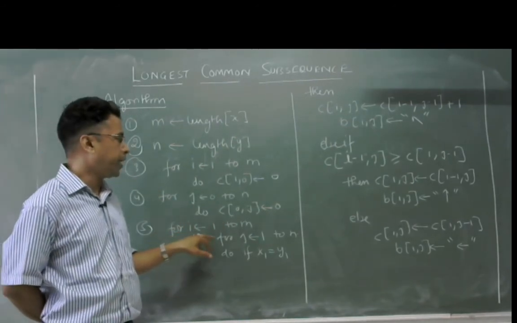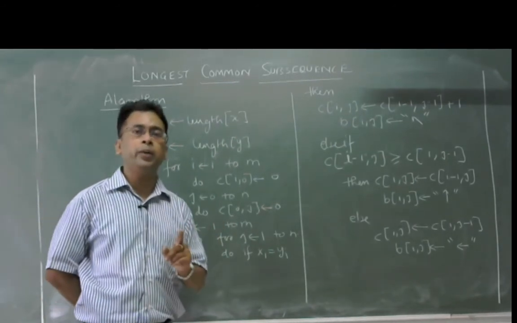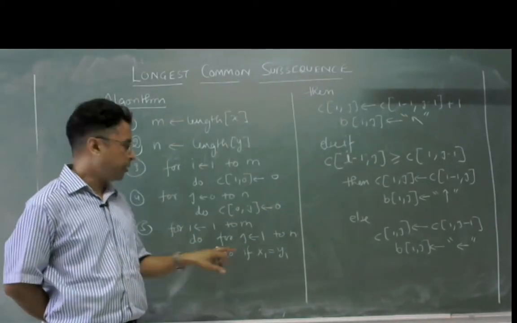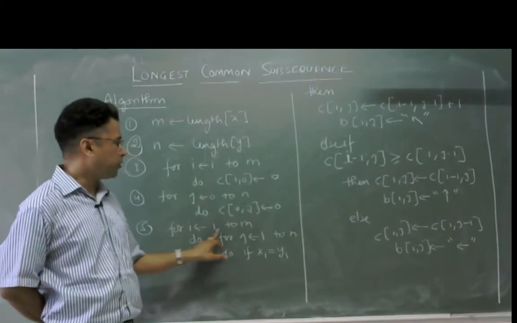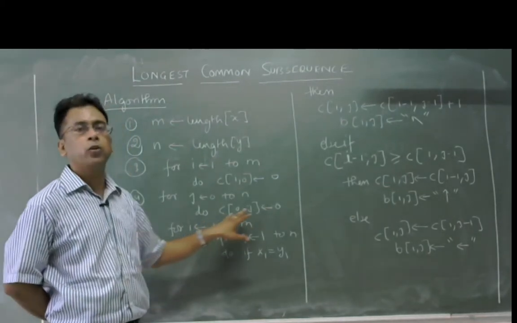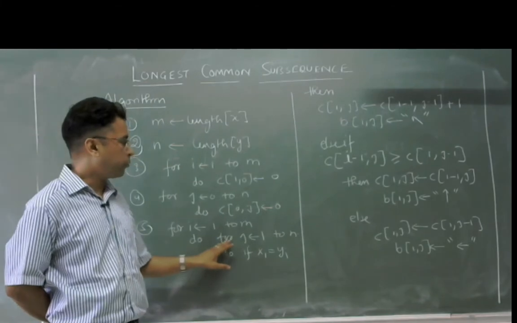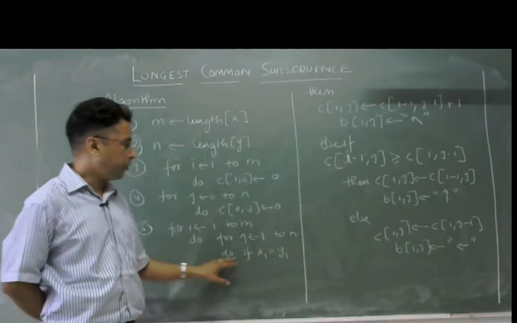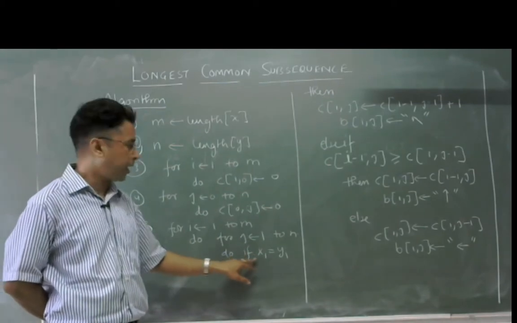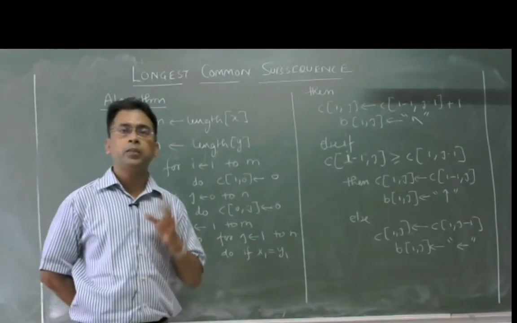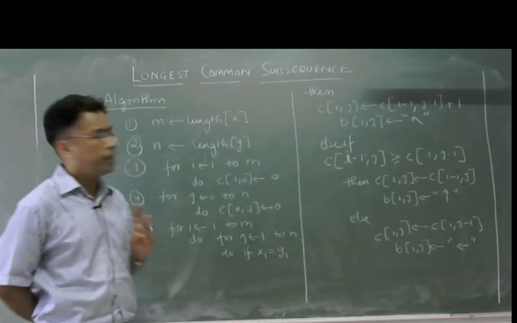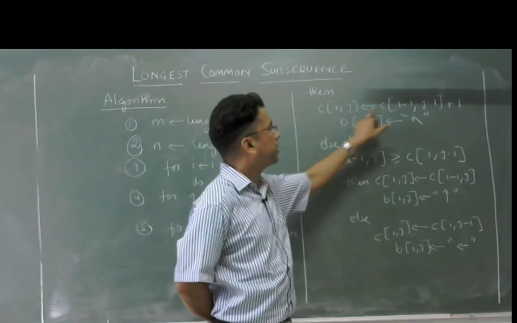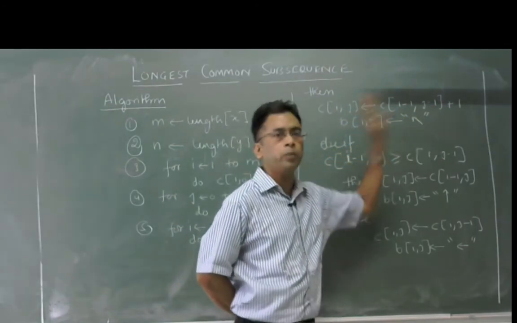The first rule is that if, corresponding to an alphabet of a string, there is a matching alphabet in a position, means for i equals 1 to m across the length of the first string and j equals 1 to n across the length of the second string, if there is a condition where xi is equal to yj, means two alphabets match together, in that position we fill the value c[i, j] equal to c[i-1, j-1] plus 1.